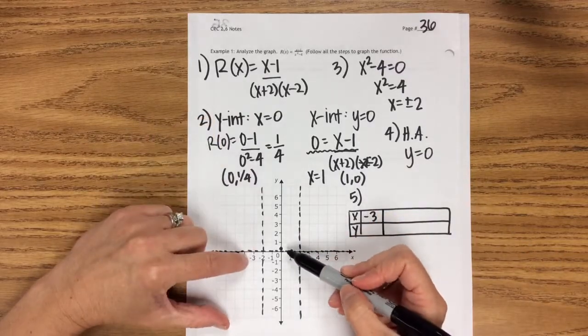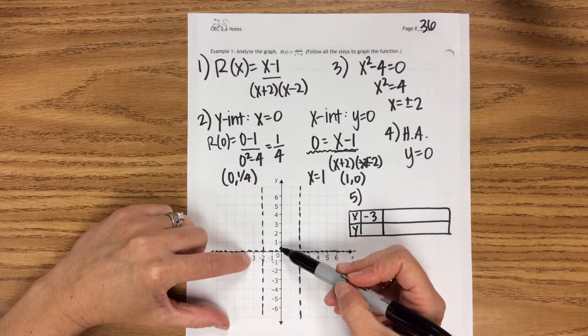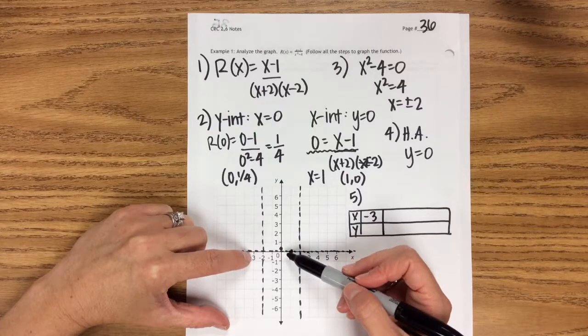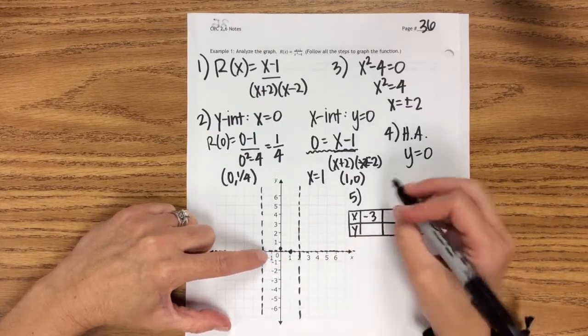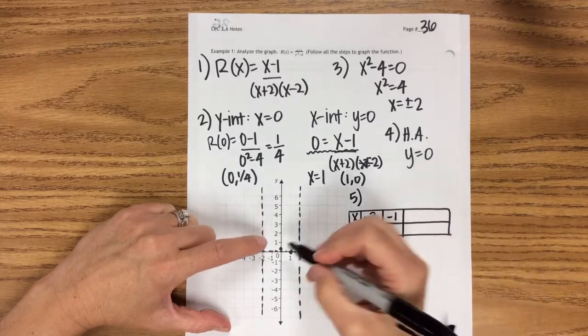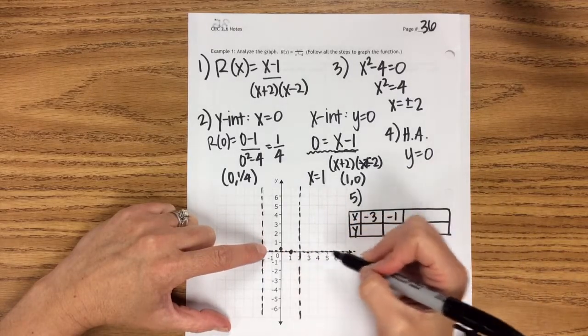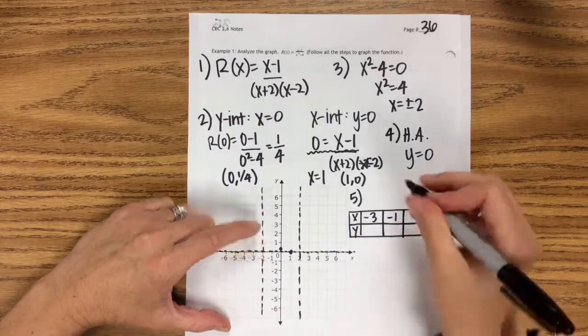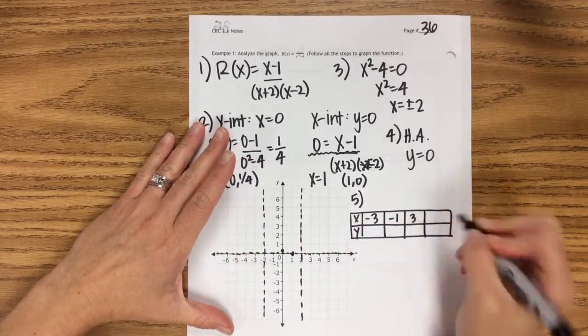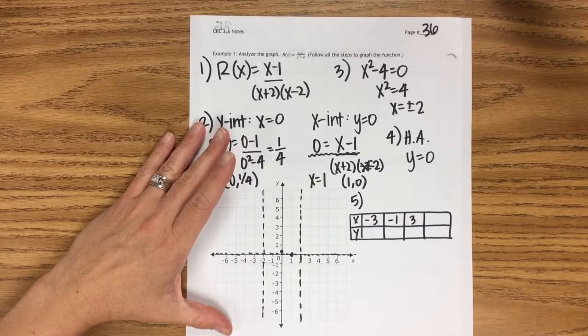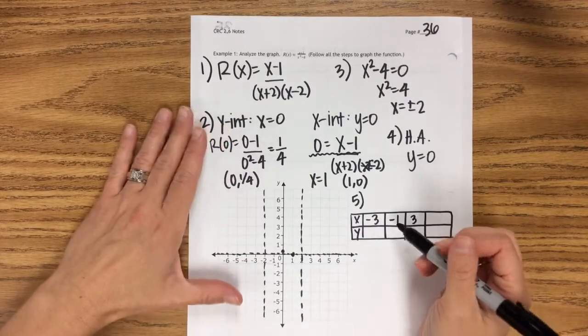And then I also need more points around my intercept, like a negative 1, and then I've got that, and I've got that. So we should be good there. And then I'll pick one in this zone, 3. And then I'll see, maybe I want more later if I need more detail.